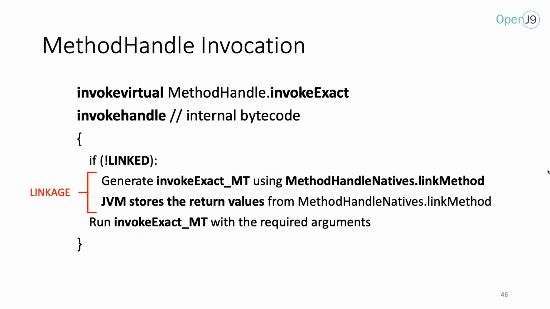So we are at invoke virtual MethodHandle invokeExact, which gets converted into an internal bytecode named invokeHandle. The linkage was covered in the previous slide. So if we are not already linked, we want to initiate linkage, which will generate the invokeExact_empty method. And the JVM will store the return values from the generation stage.